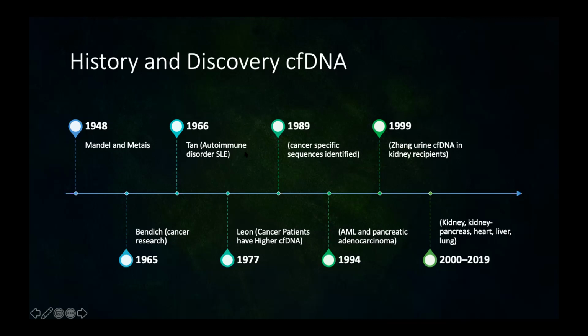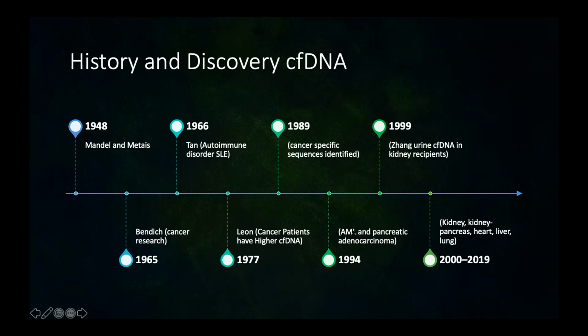Later on, in 1966, they decided to use the cell-free DNA technique in autoimmunity, in subjects dealing with lupus, for instance. Then in 1977, it was determined that cancer patients have a higher level of cell-free DNA. In 1989, they were able to pinpoint certain cancers, lung cancer and pancreatic cancer versus prostate cancer.